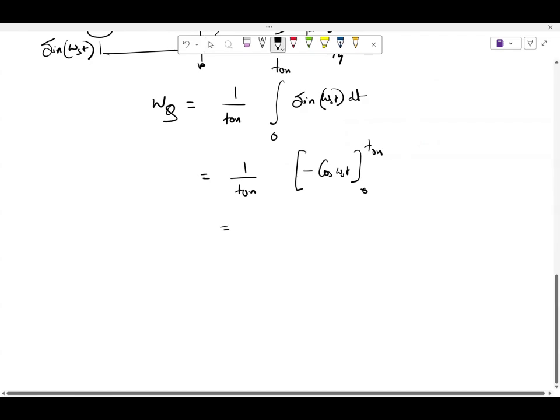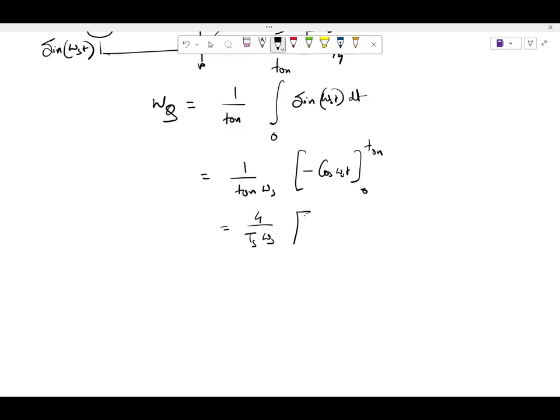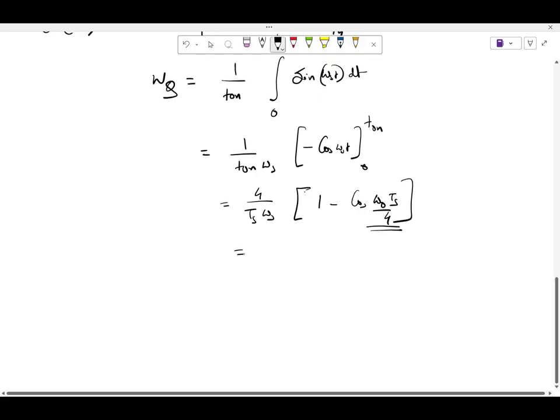Sorry, omega s will come out. Thank you. So T on times omega s is 4 by Ts times omega s, and this is 1 minus cosine of omega s Ts by 4. So this becomes pi by 2, so the cosine goes to 0. So I get 2 by pi.